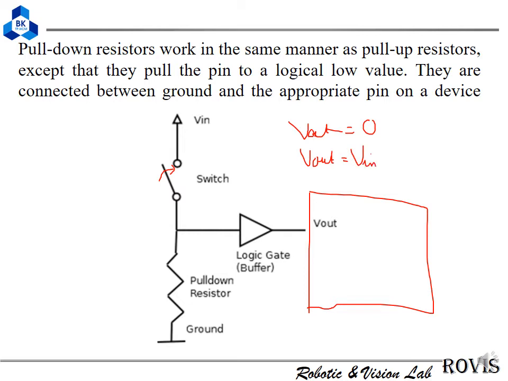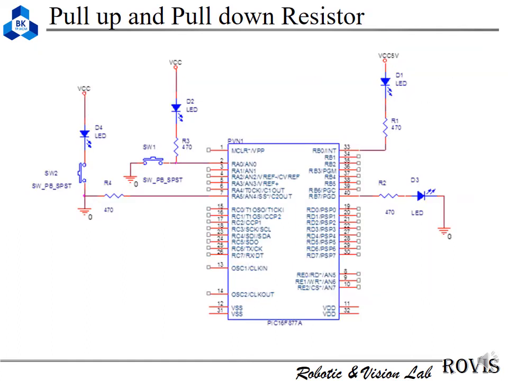And normally Vin is 5 volt. Okay, so this is the pull-down resistor. The pull-down and pull-up resistors are like the right-hand side and left-hand side. Okay. And in the picture, could you please tell me where is the pull-up resistor and the pull-down resistor?